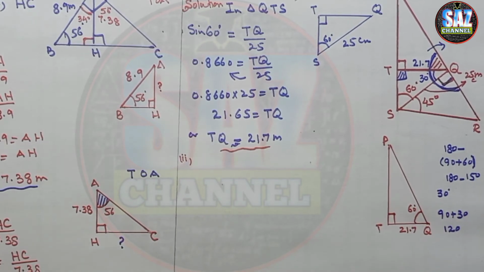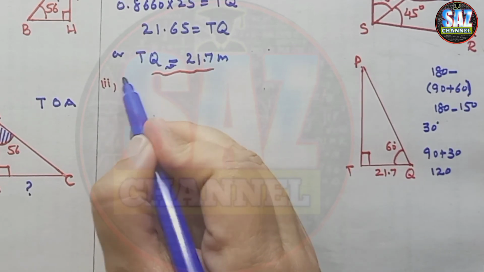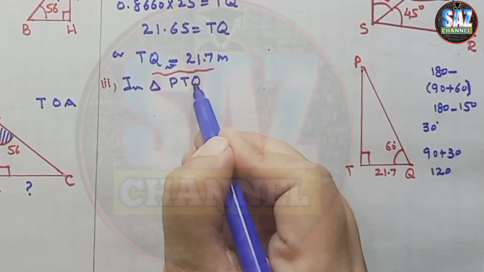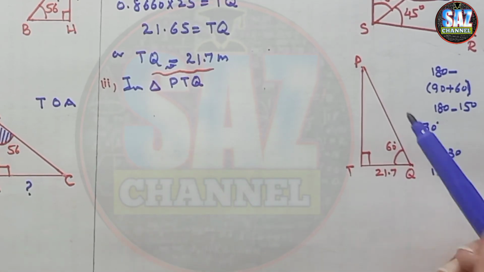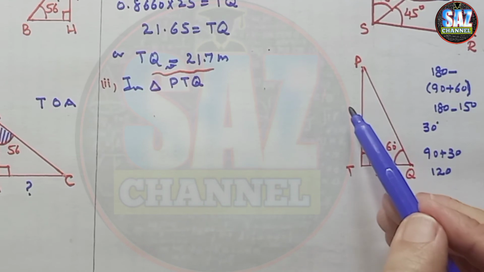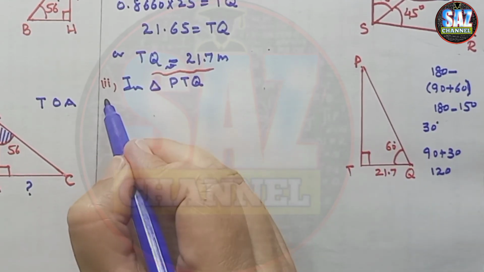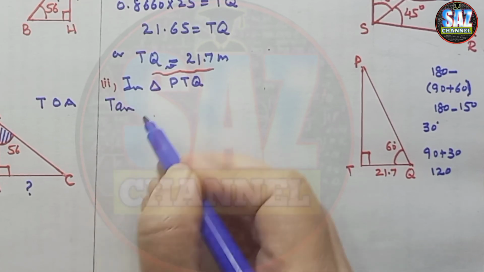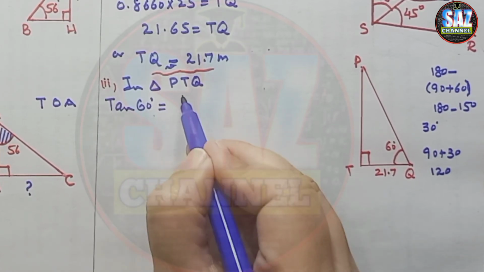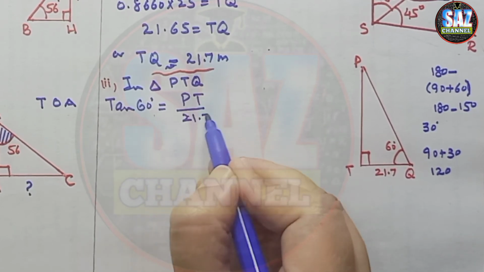Now in triangle PTQ, with reference to the 60 degree angle, PT is opposite and 21.7 is adjacent. So tangent 60 degrees equals PT upon adjacent 21.7.